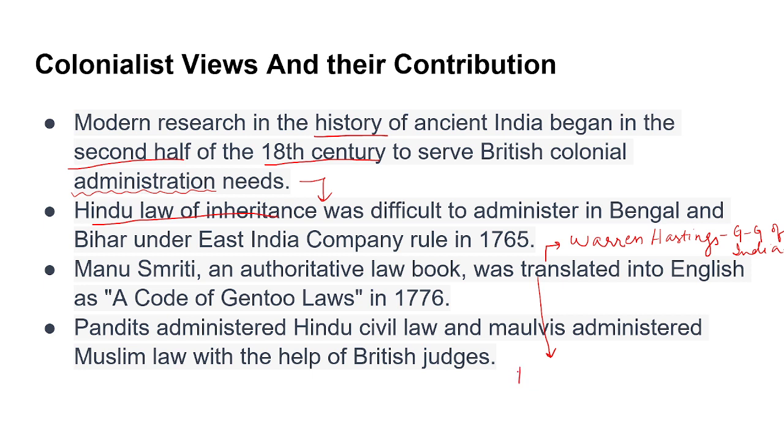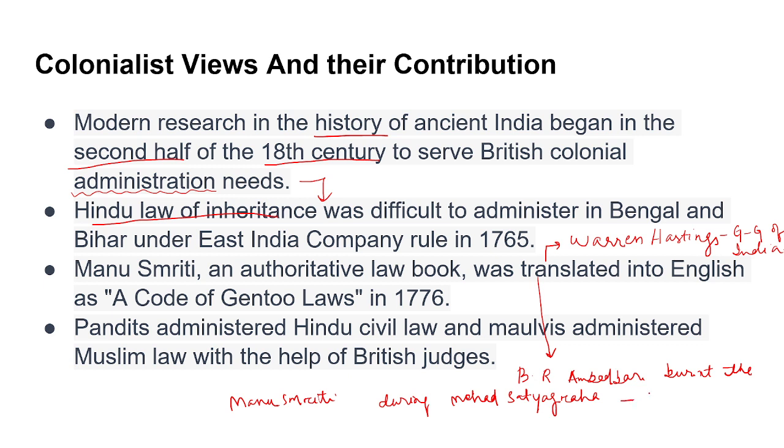So I will write it here that B.R. Ambedkar burned the Manusmriti during the Mahad Satyagraha, in the year 1927.